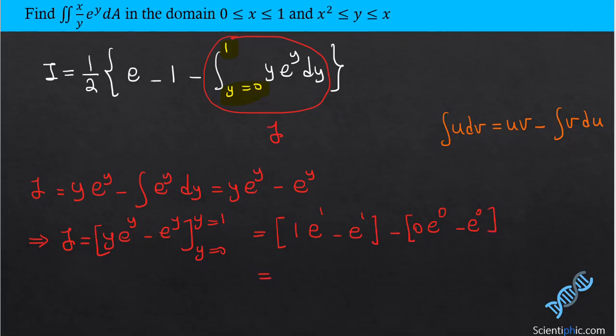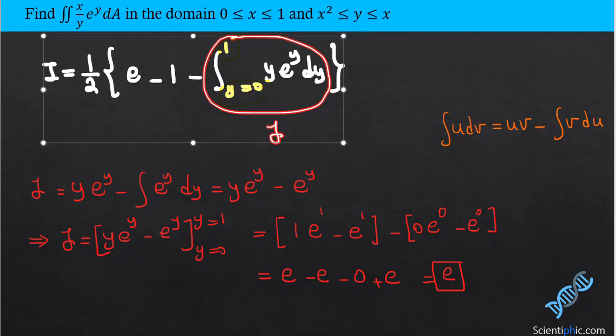That is gonna be e minus 0 plus e, which is in the end equal to e. So now instead of j, I'm gonna write e, simply e. Let's continue this integral in the next page.